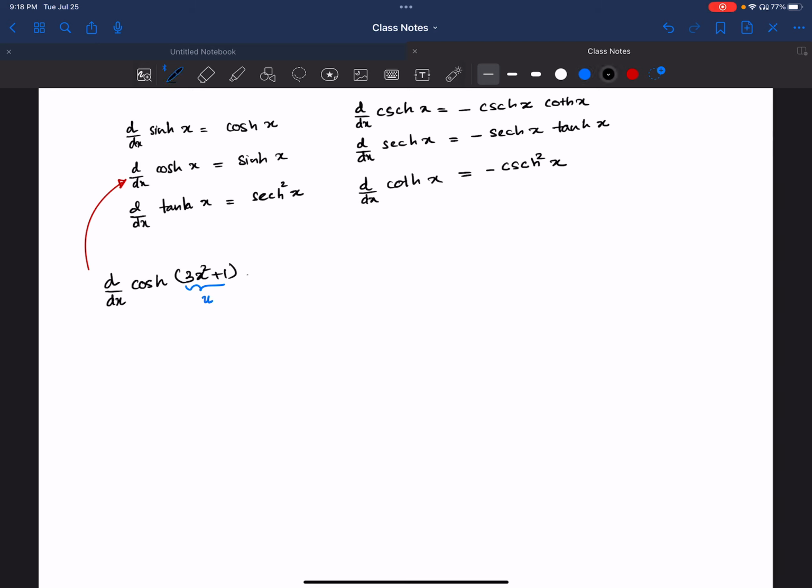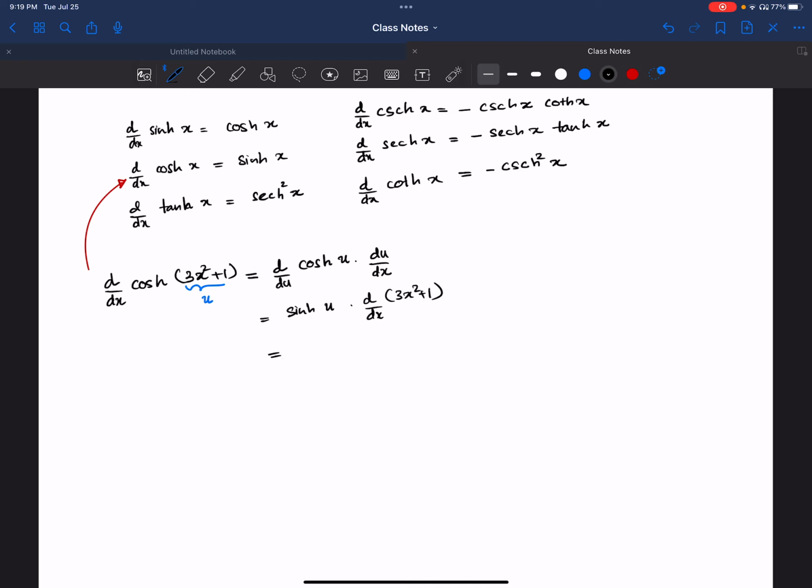So you can put d over du hyperbolic cosine u times du over dx, and this is hyperbolic cosine u is equal to sinh u times d over dx of u, where u is equal to 3x squared plus 1.